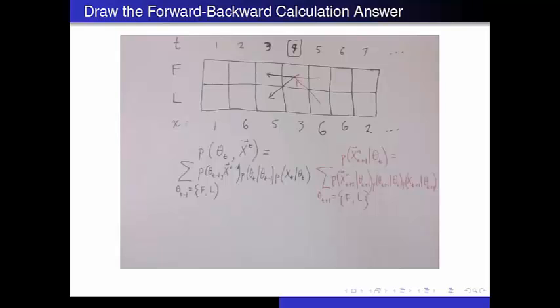So the forward-backward here can be visualized very simply as just basically the forward component that's going to be summing over all possible paths coming from time step t minus 1 entering to the fair state at time t. And then the backwards algorithm can just be thought of as the sum over all possible paths that are going to be exiting from the fair state at time t to the next time step t plus 1.